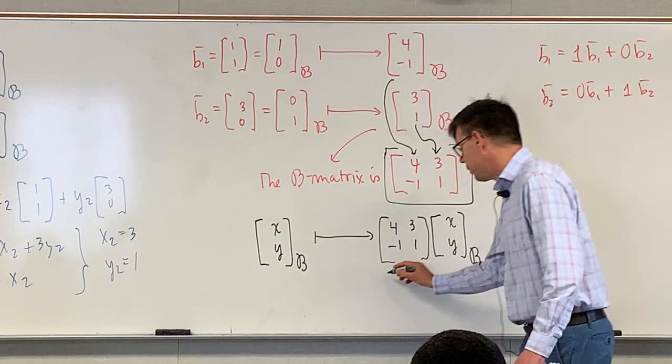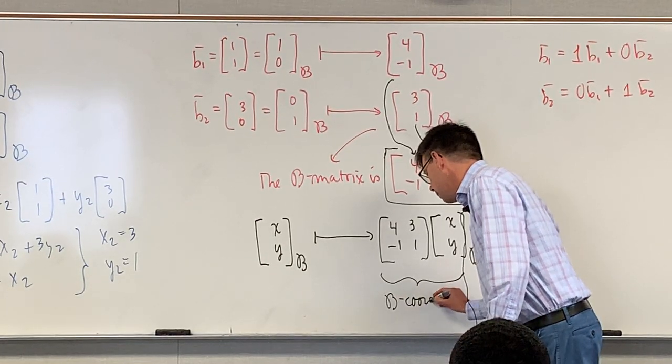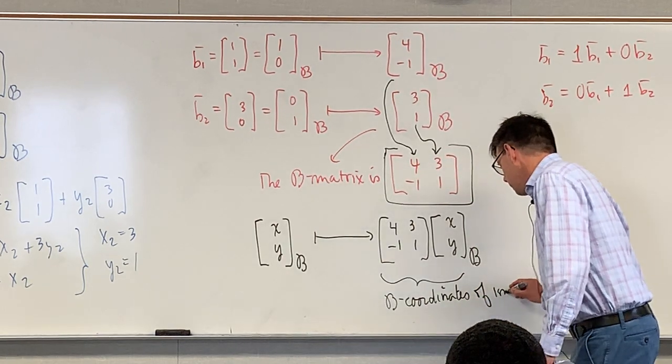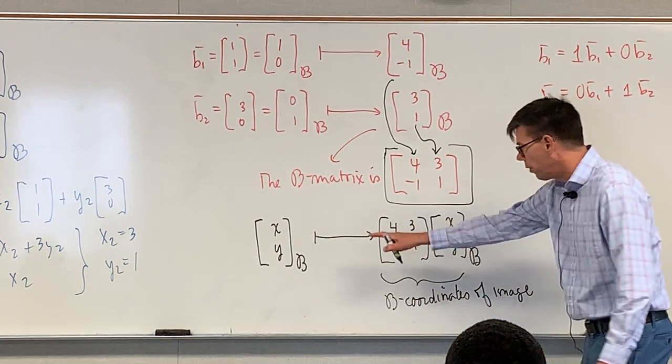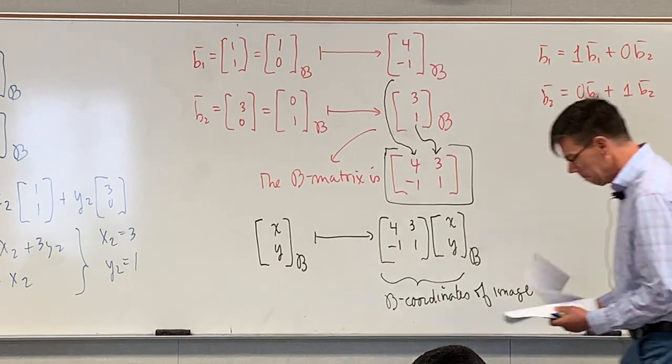And this would give you the B coordinates of the image. So nowhere along the line here do we see our standard coordinates, like what we're used to looking at.